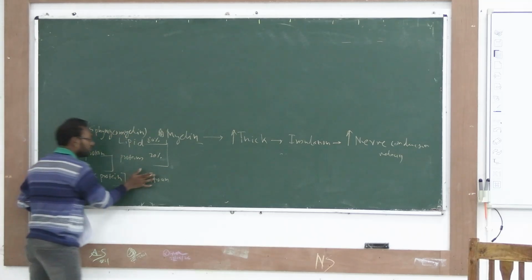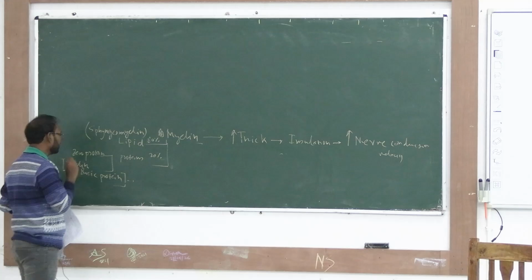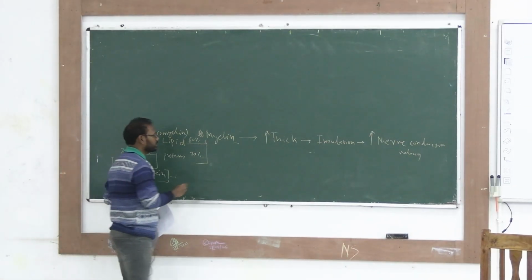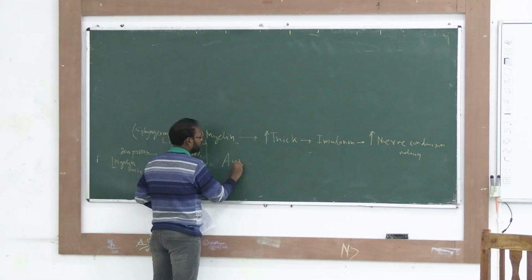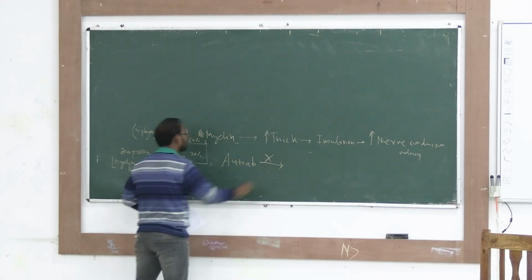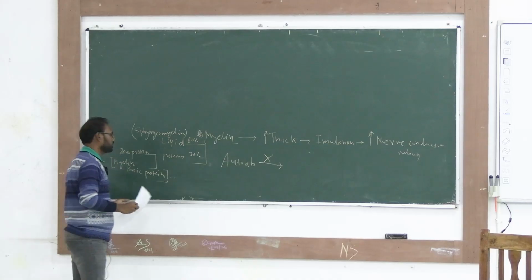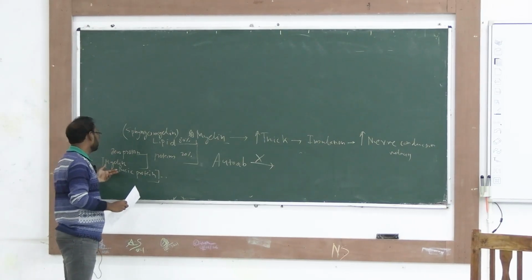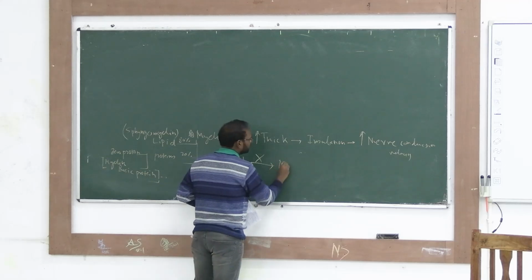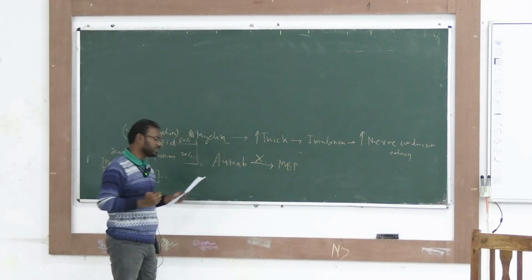Now whenever there are some autoantibodies in our body, they can actually provide hindrance to this myelin basic protein. So often these autoantibodies destroy this MBP, this myelin basic protein.